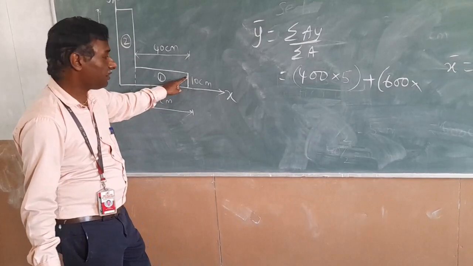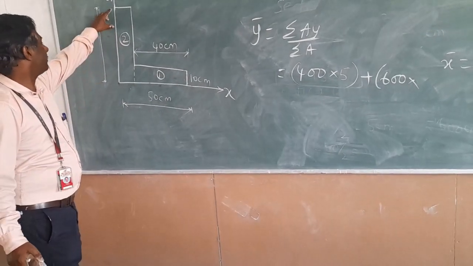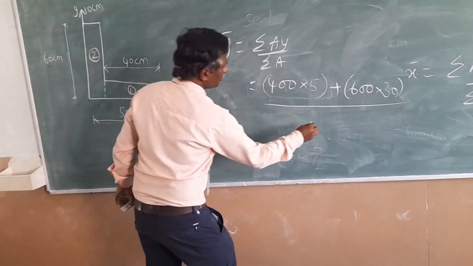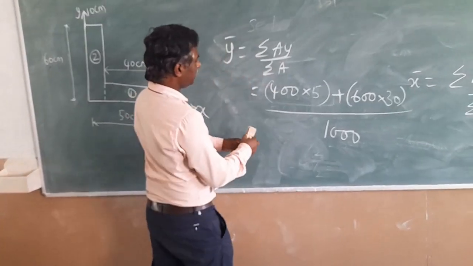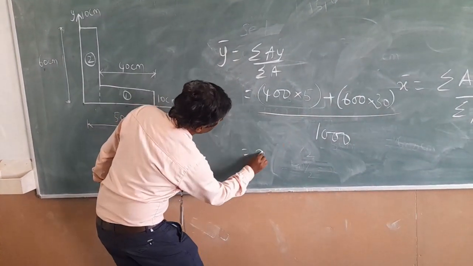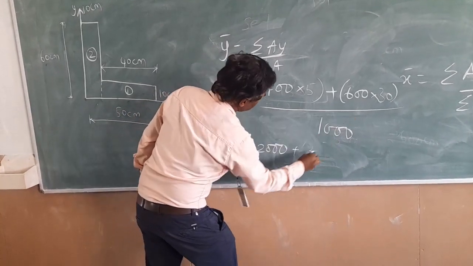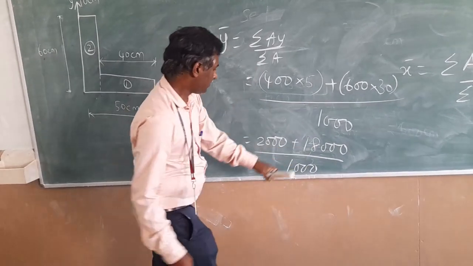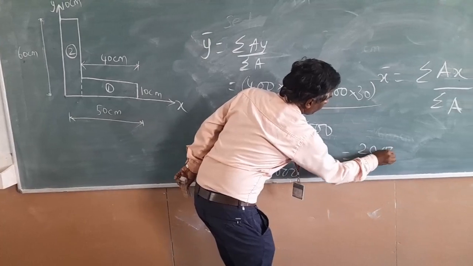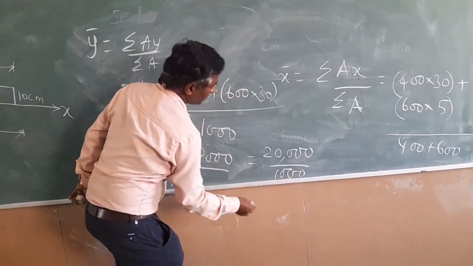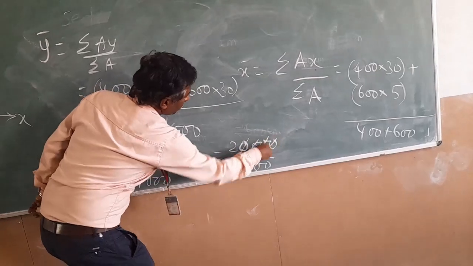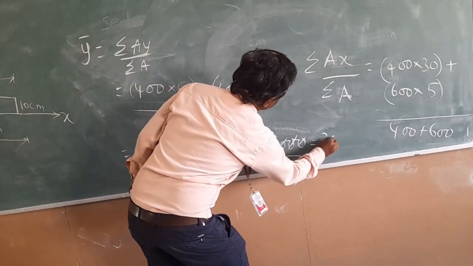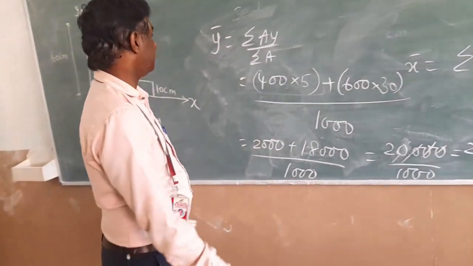So 400 into 5 is 2000, plus 18,000, divided by 1000. So this is 20,000 divided by 1000. Finally, 20 is the answer. So y bar equals 20 centimeter.